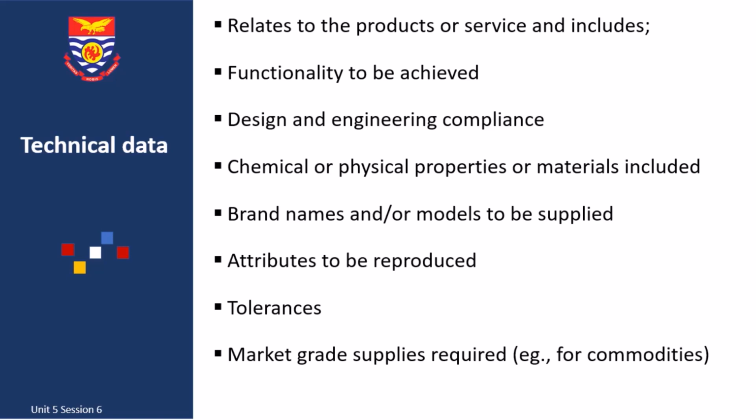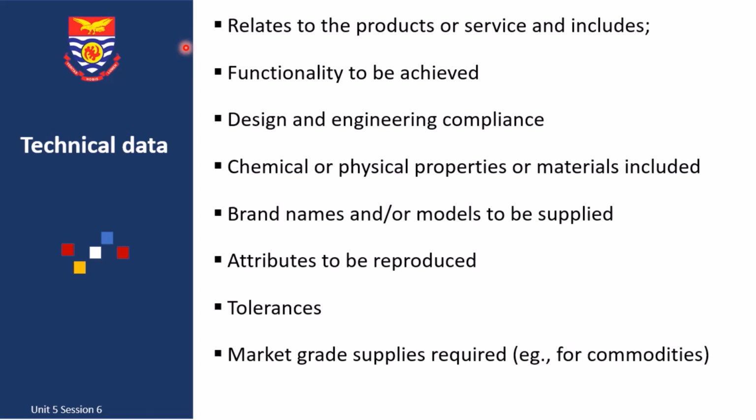So product or service specifications and details of the product or service which are actually supplied depend on the type and details, which include, among others, the functionality to be achieved at specified levels in specified circumstances and conditions, or the performance specification that is expected, or the output to be delivered, that is in terms of output specification.